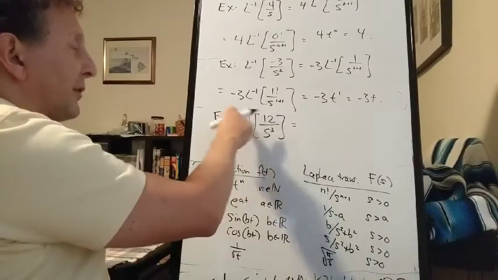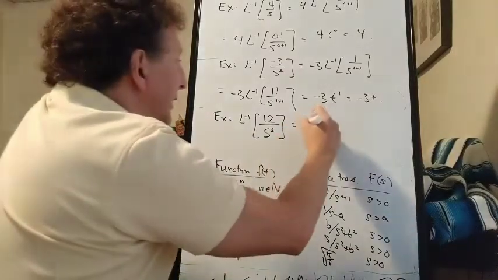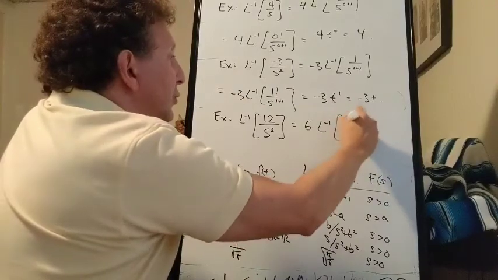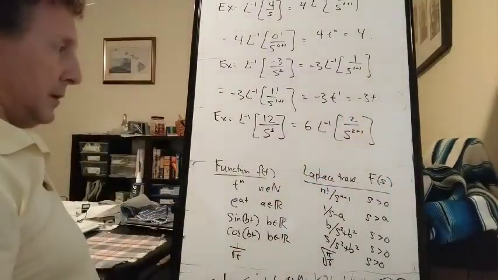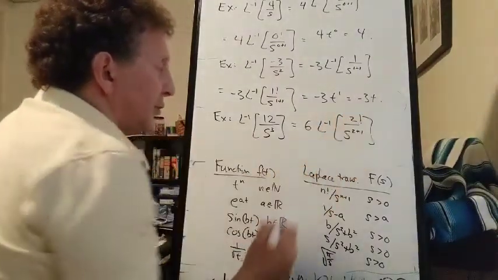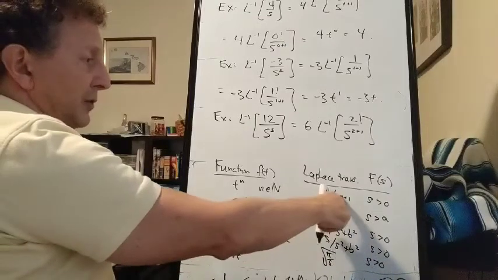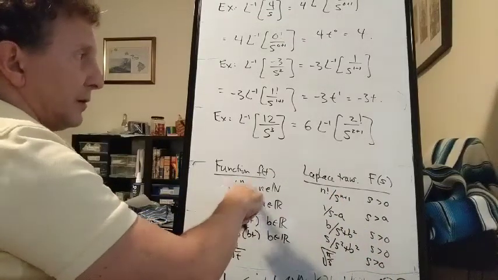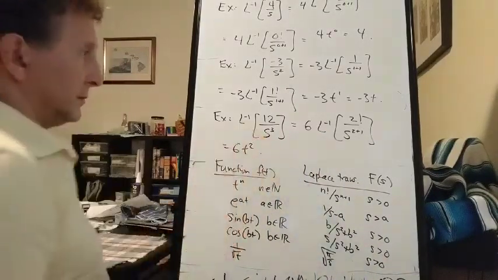So I guess instead of pulling the 12 out, I could pull 6 out and leave 2 there, because I'm going to wish I had 2 there anyway. So I'm going to write 6 L inverse 2 over s to the 2 plus 1. 2 factorial is the same as 2. Now if I have 2 factorial over s to the 2 plus 1, the inverse Laplace transform of that is t squared. So this is going to be 6 t squared.